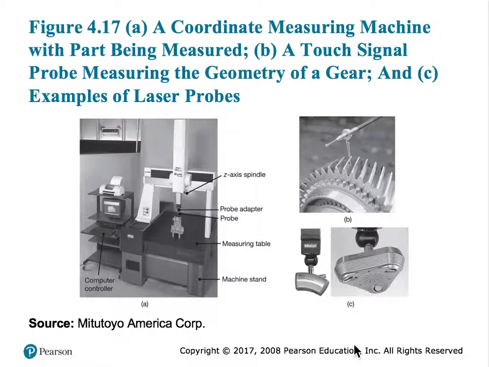So for all these materials, you have to measure the surface finish. And how do you measure the surface finish? It is measured by what is called a coordinate measuring machine. If you go to any of the big manufacturing plants, you will have a coordinate measuring machine.